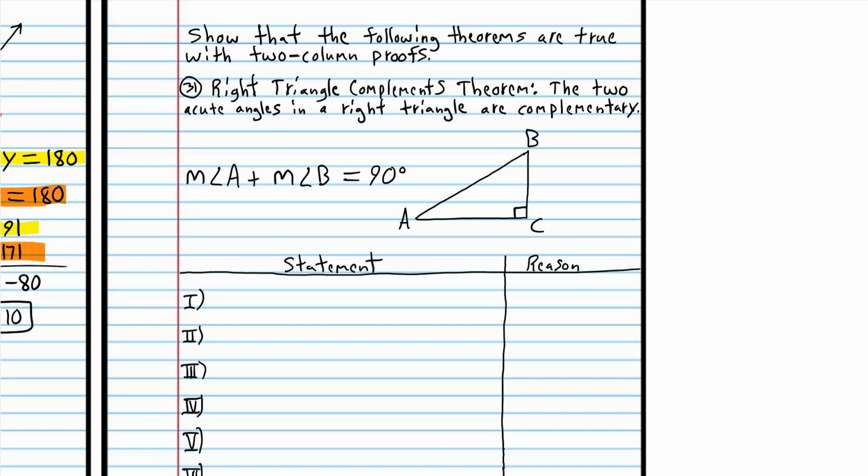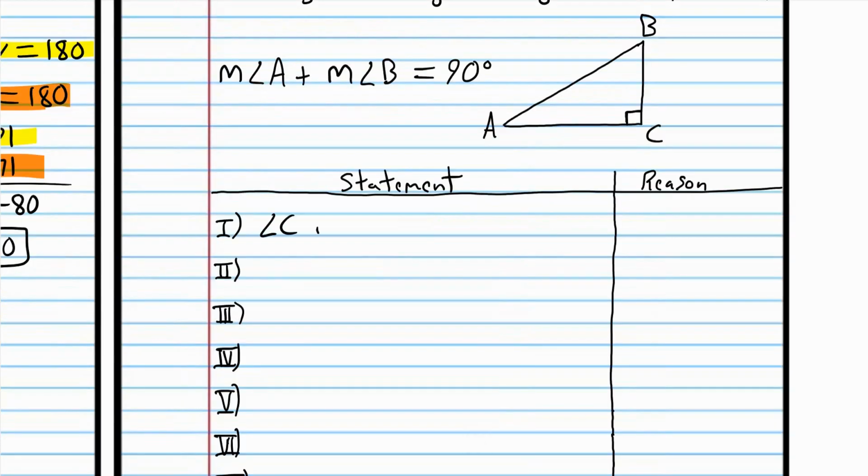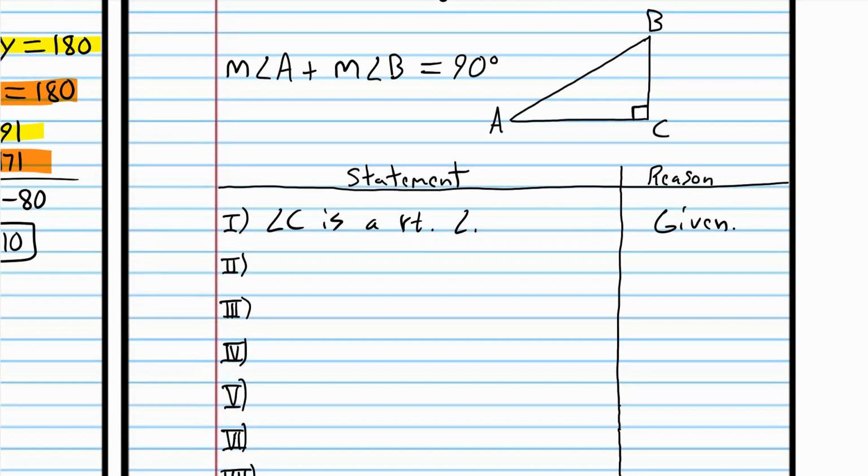So we have to prove that. We know that angle C is a right angle. That is given information because it's a right triangle. So one of the angles must be a right angle. And by definition, the measure of that right angle must be 90 degrees. That's the definition of a right angle.